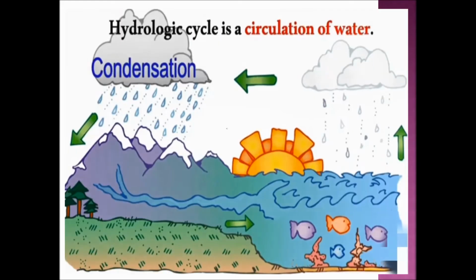Hydrologic cycle is a circulation of water. First, water gets evaporated, then condensed. Again it returns as water in the form of precipitation. So it is the circulation of water.